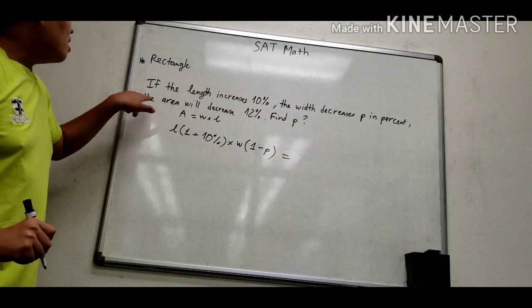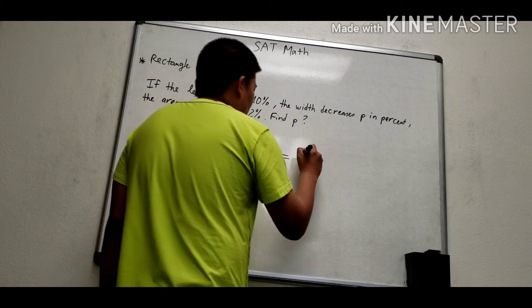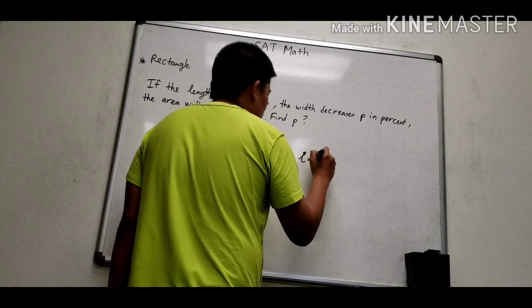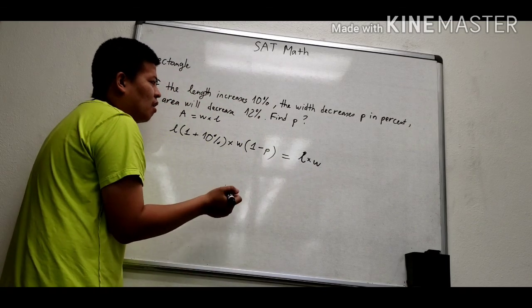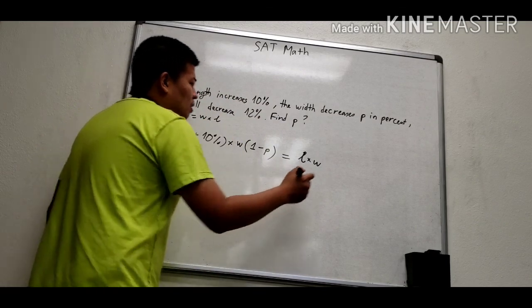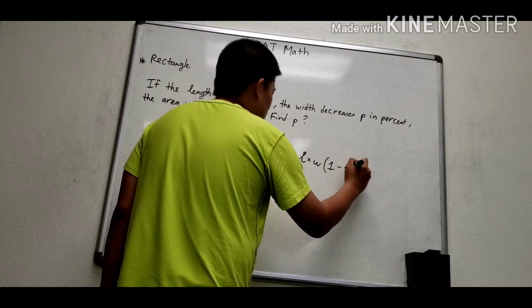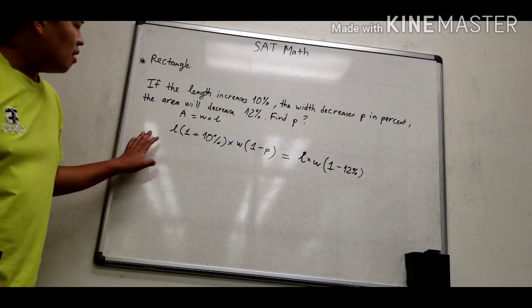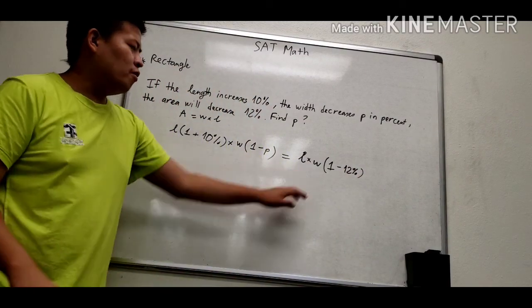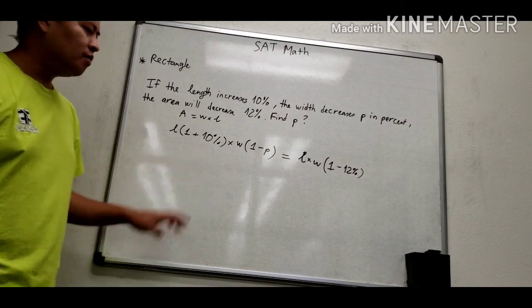And the area will decrease 12%, so we have L multiplied by W, and that is the area of the rectangle multiplied by 1 minus 12%. So on the left and on the right they have the same value because they have the same area.